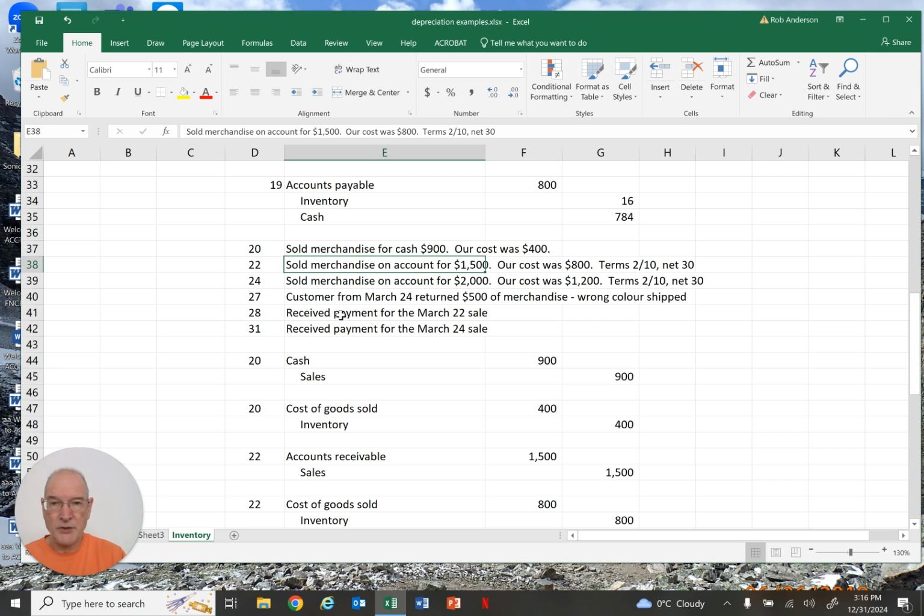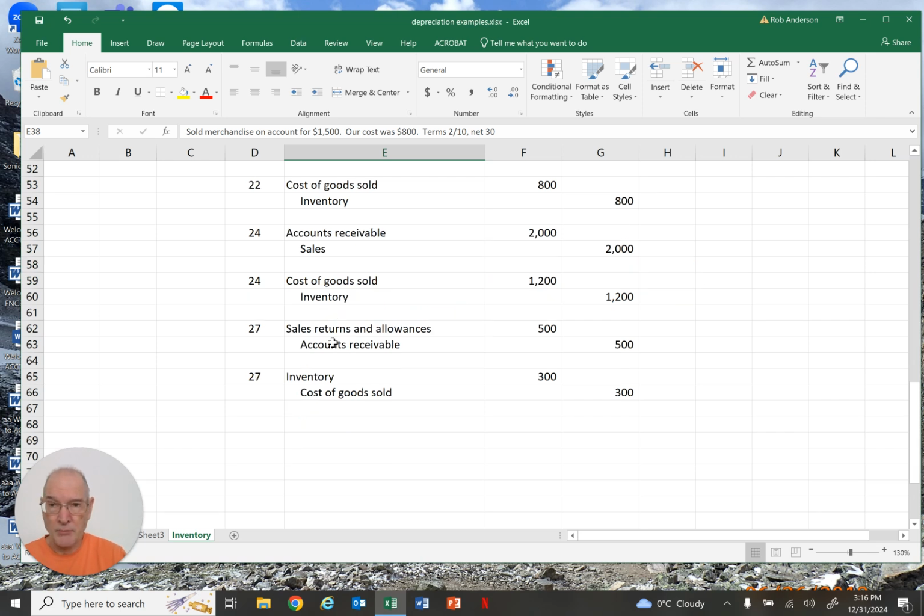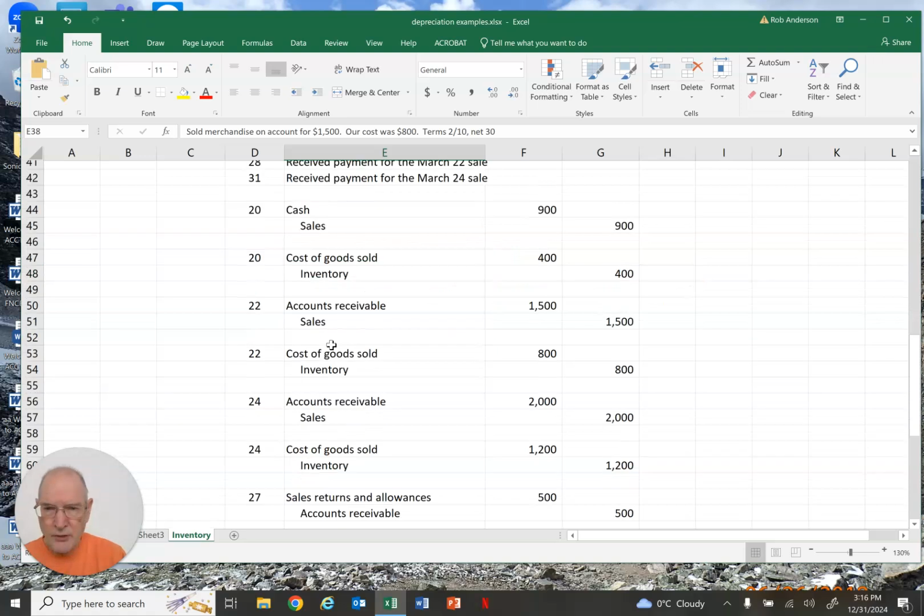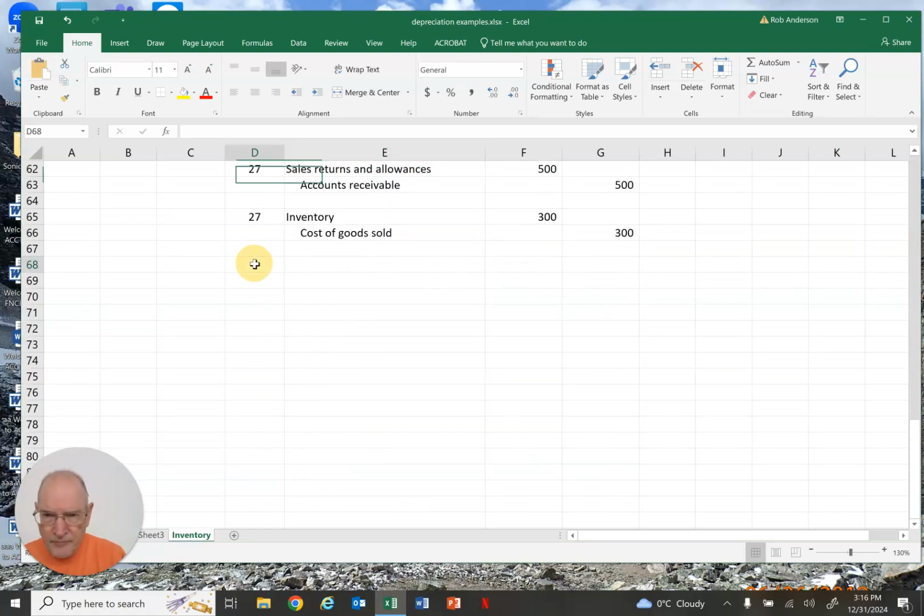So what we need to notice first is that our accounts receivable for this customer is $1,500. So I'm going to build this journal entry, and let's look at how this is going to go.